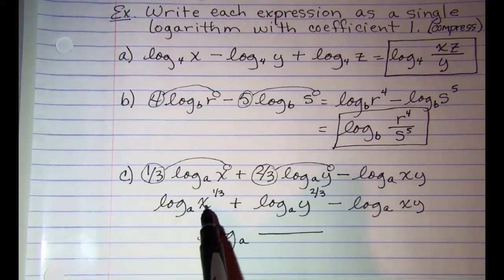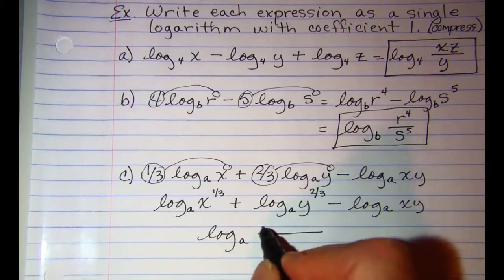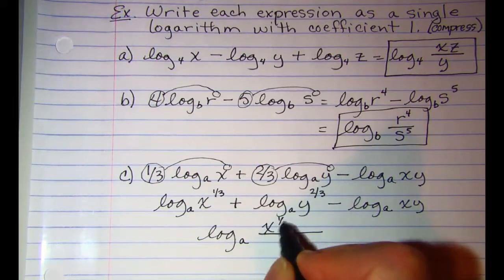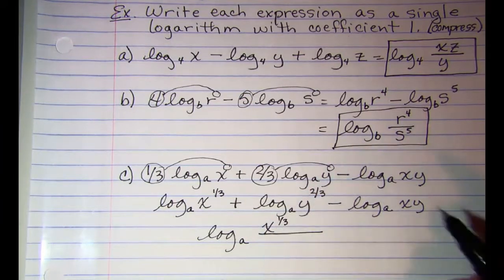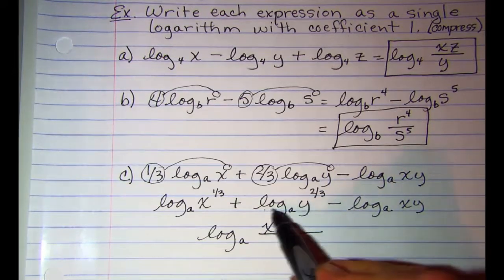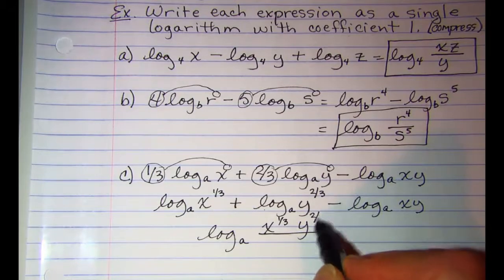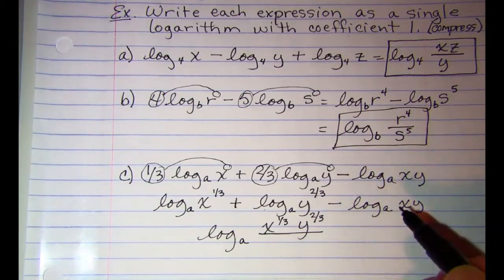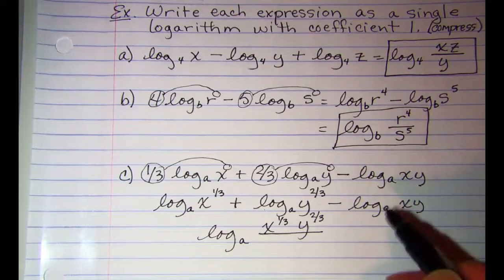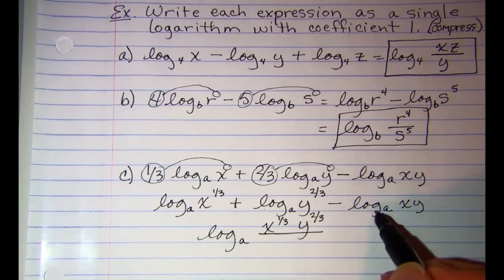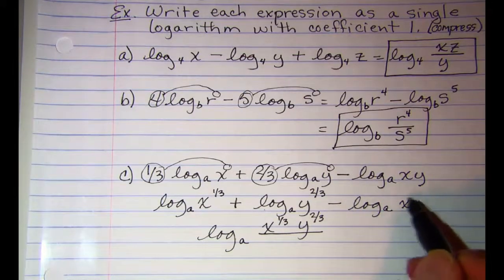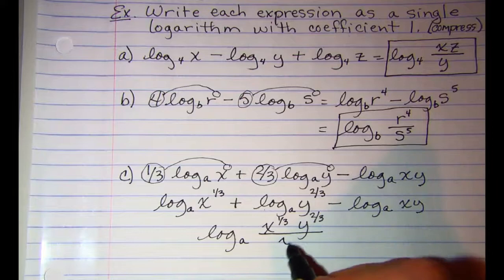This logarithm is positive, so x to the 1/3 is going to be up in the numerator. This logarithm is positive, so y to the 2/3 also is in the numerator. And then since this logarithm is negative, this argument will be down in the denominator.